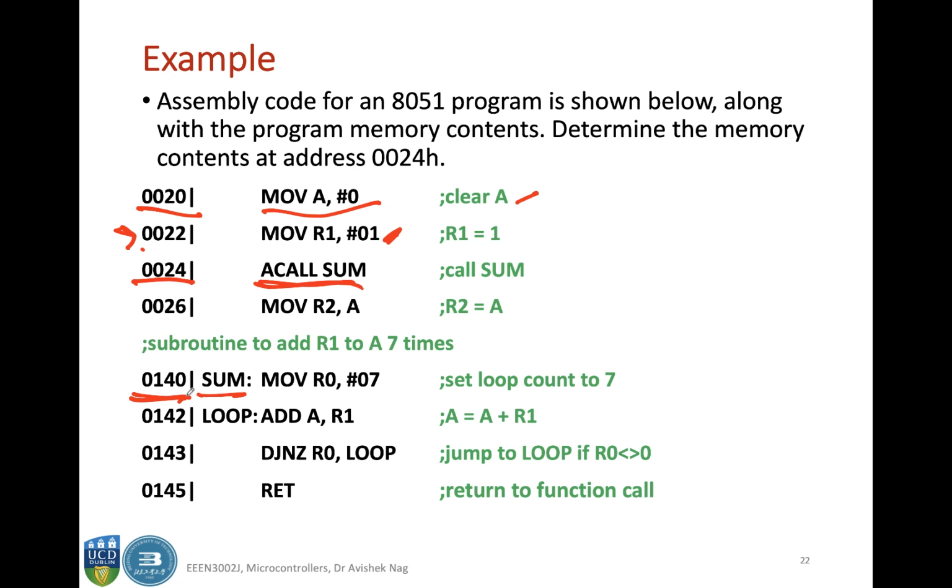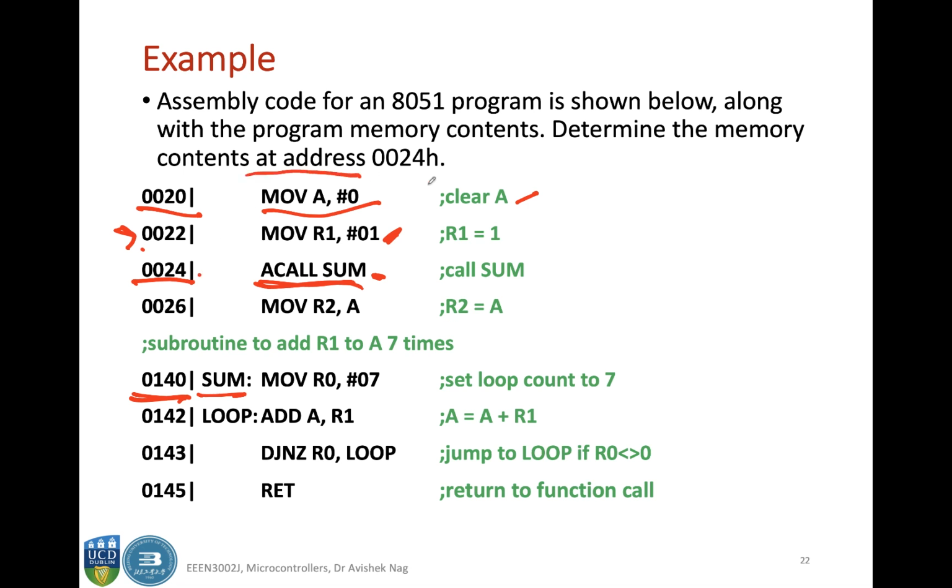Okay, so in the previous example we showed the mapping between the bits of the ACALL instruction and the subroutine address. So here the subroutine address is given, which is 0140. You have to find out what will be the 2 bytes of this ACALL instruction that is there in the memory location 0024.